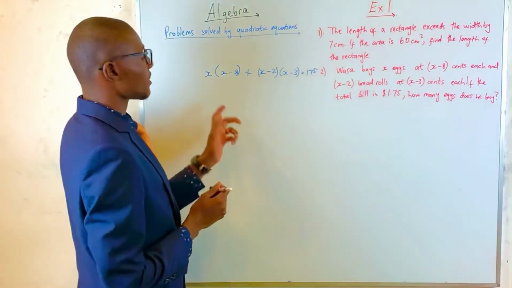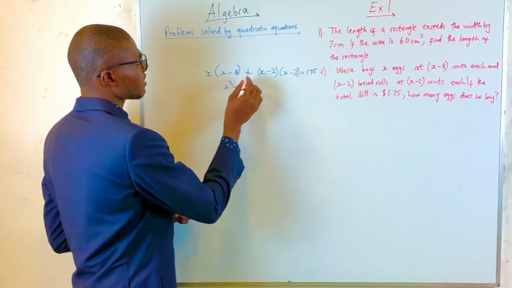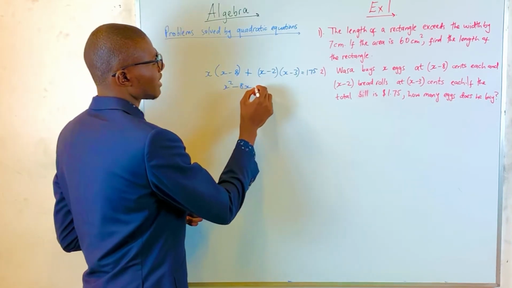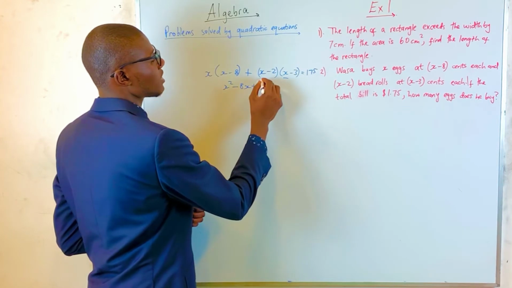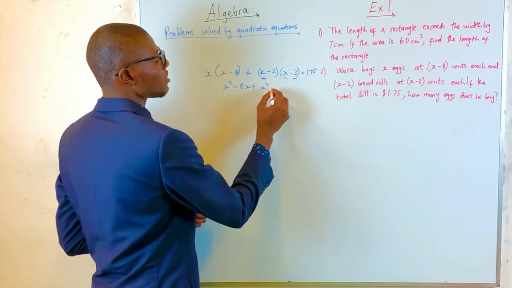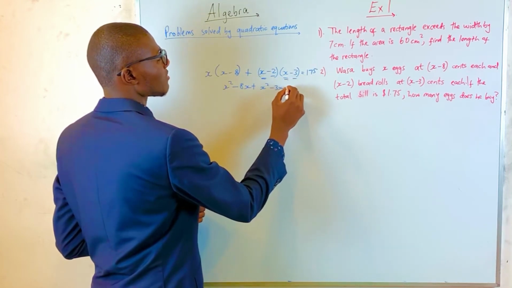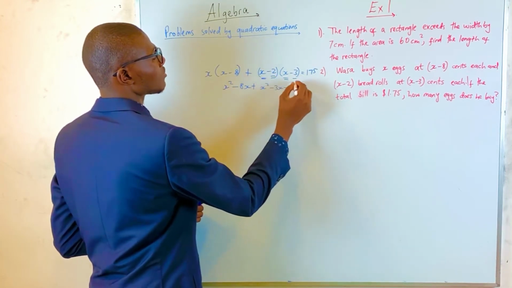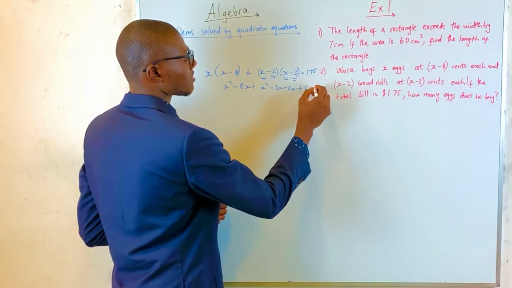So now if you remove these brackets here, x times x is x squared, minus 8 times x, 8x, then plus x times x, x squared, x times minus 3, that's minus 3x, then minus 2 times x, that's minus 2x, then minus 2 times minus 3, minus and minus, that's plus 6.